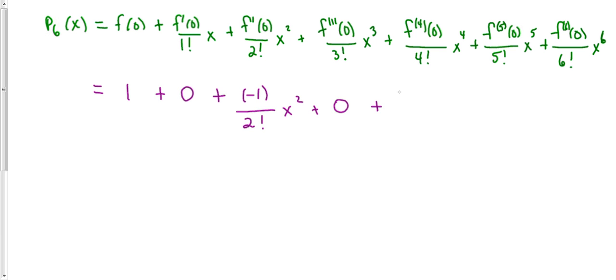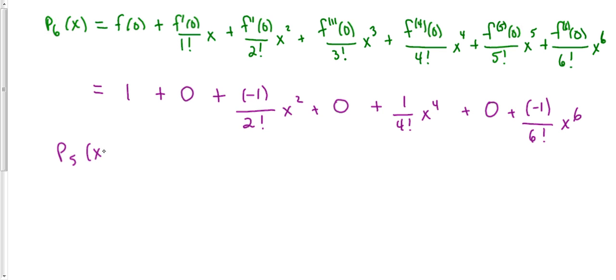The fourth derivative was positive 1 over 4 factorial times x to the fourth. The fifth derivative gave us 0. And the sixth derivative gave us negative 1 again over 6 factorial times x to the 6th.